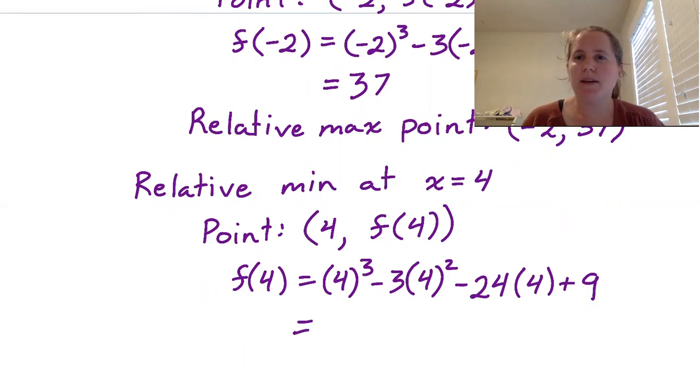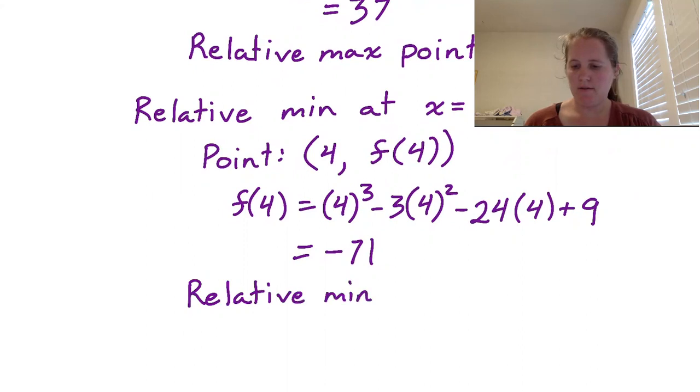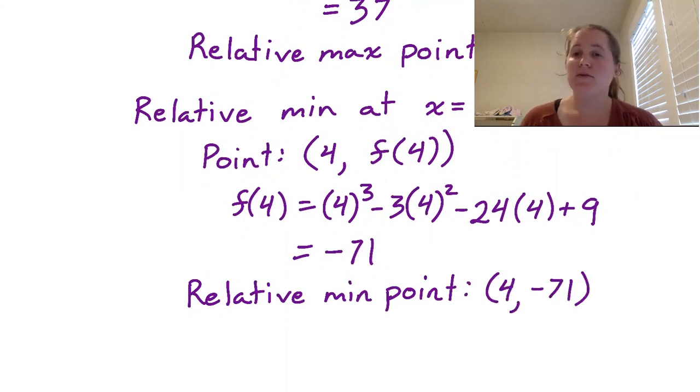And we wind up getting -71. So again, our relative min, the point corresponding to that, would be 4, -71. So we figured out not only the x value where these occur, but also just what the actual point would be.